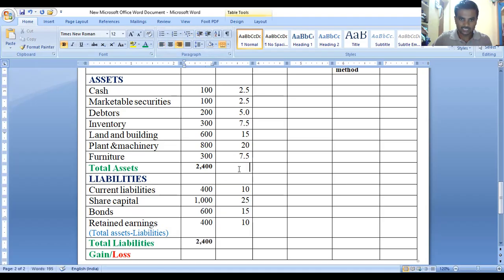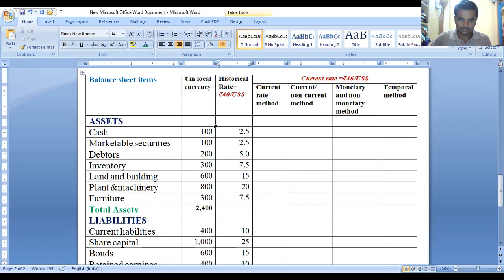So again we need to calculate the historical value also. The second column indicates the Indian rupees. The third column indicates the historical rate in the form of US dollar basis. Here if we add, the total comes to $60.